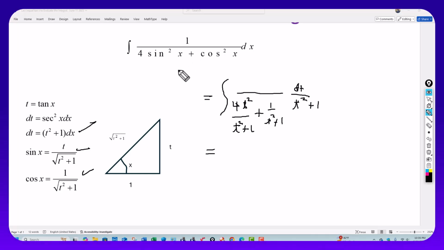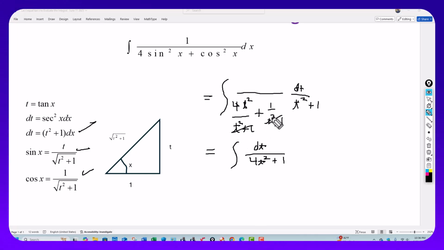So see what happens here? When we do the substitution, it gives me a radical expression. Multiplying by the t squared plus 1 is going to cancel in the denominator. This and this are going to cancel, and I'm going to have dt in the numerator. In the denominator, I'm going to have 4t squared plus 1.